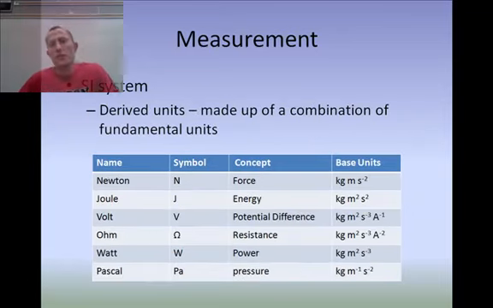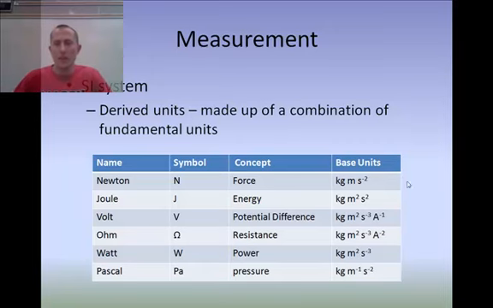From these standard units, we get our derived units. The newton, the joule, the volt, the ohm. There are a wide number of derived units that we get.